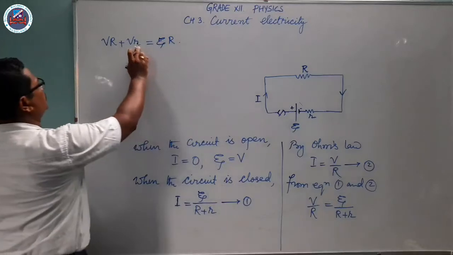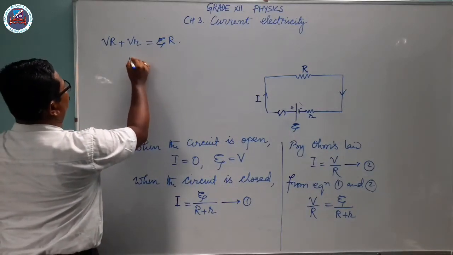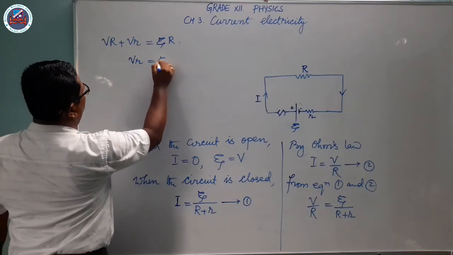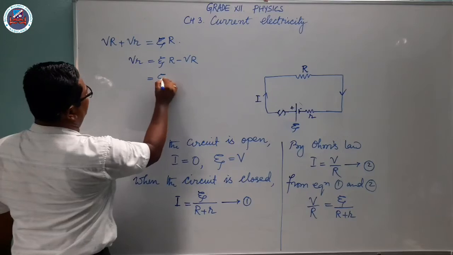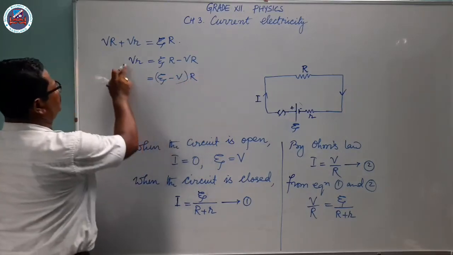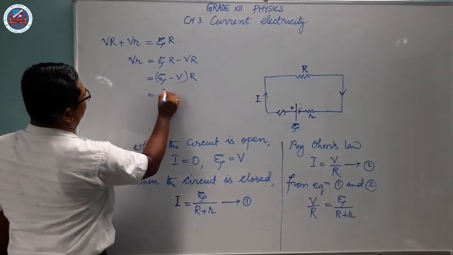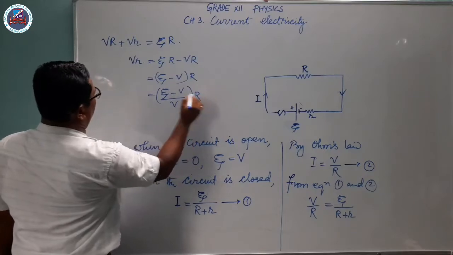So we need this small r. What we'll do is Vr will keep on left hand side, epsilon r minus Vr. So you can take epsilon minus V, and r you can take common here. Then bring down this V: epsilon minus V divided by V into r.